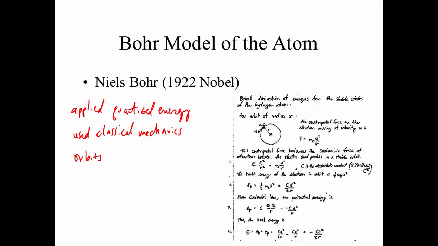And this actually is an excerpt from my version of his derivation, which can be found on my website. And for this work, he received the Nobel Prize in 1922.